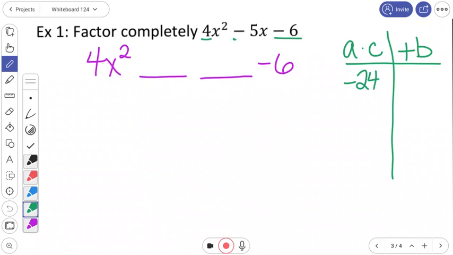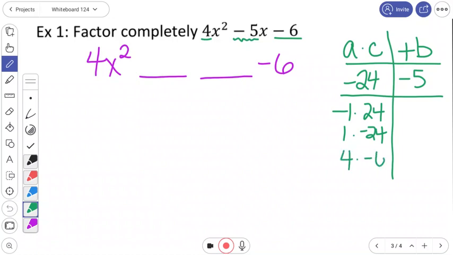And our b value is this minus 5 right here, so negative 5. So let's figure out what our factors of negative 24 are. Of course, you can go the easy route, negative 1 times 24, or positive 1 times negative 24. We can use the 4 times negative 6, or the negative 4 times positive 6. And our goal is for these factors to combine to make negative 5.